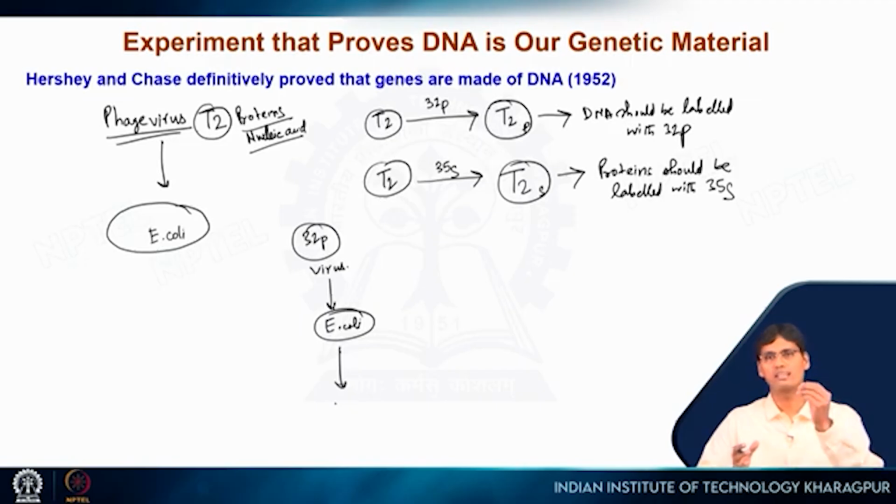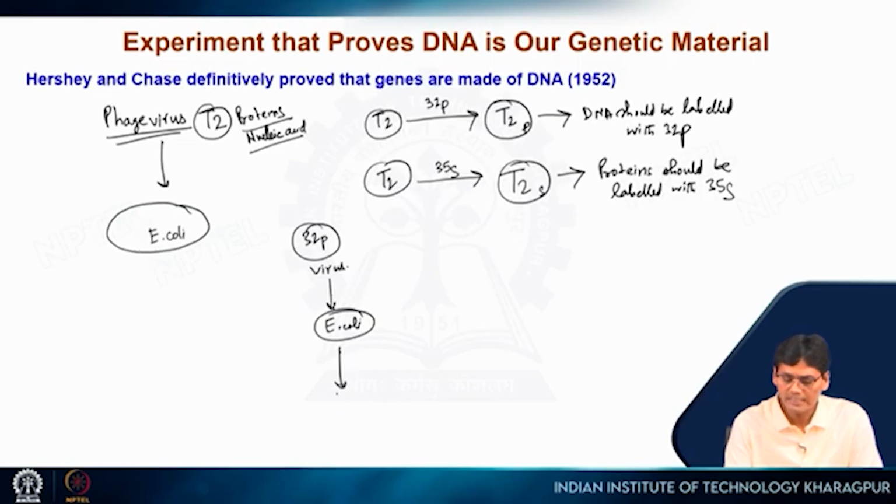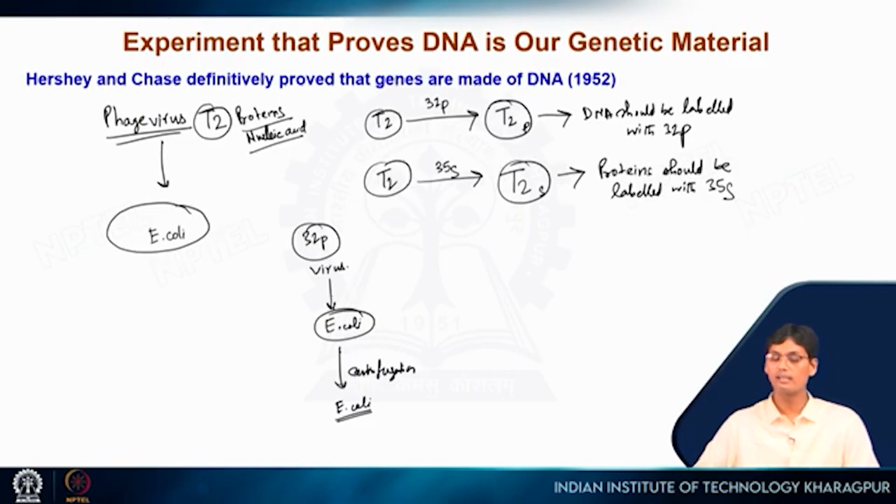Small viruses stay in the supernatant, and bacteria, being much heavier than T2, are at the bottom. They found E. coli cells at the bottom, and they found radioactivity inside the E. coli cells.